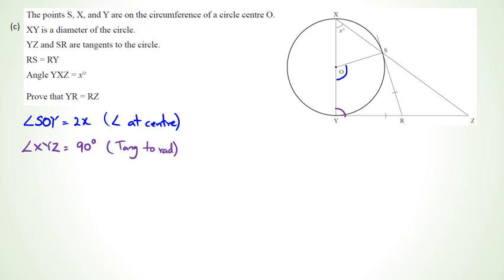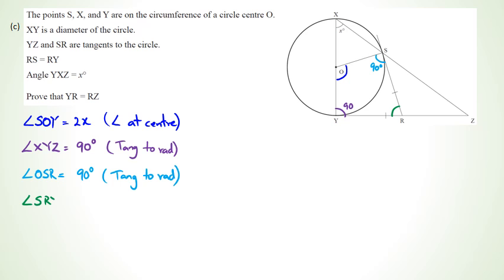Which means my next one is, let's work out this one here, angle OSR. So angle OSR is also equal to 90 degrees because that's tangent to radius. Okay, so I've got 90 here and I've got 90 there, which means the next one I can work out is angle SRY.